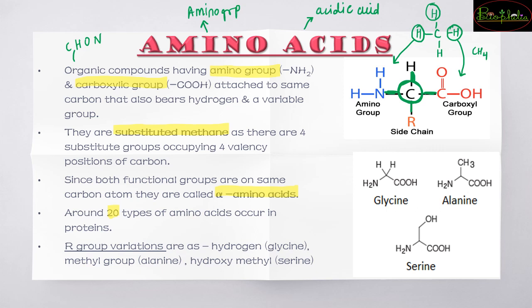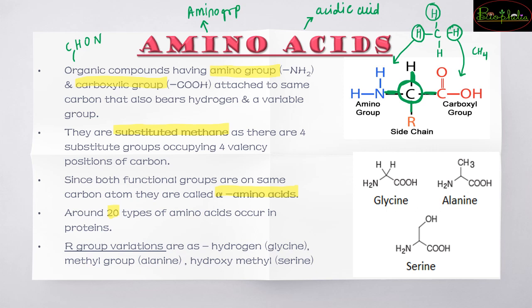These different 20 types of amino acids come in different combinations and form proteins. So these 20 types of amino acids will have differentiation. How will you differentiate these 20 different types of amino acids? The differentiation comes because of the R group, that is the variable side chain group.